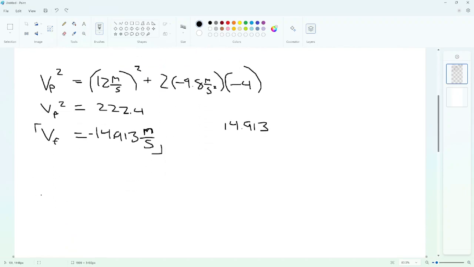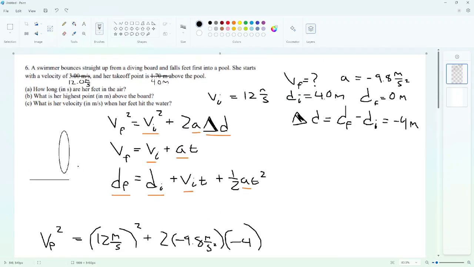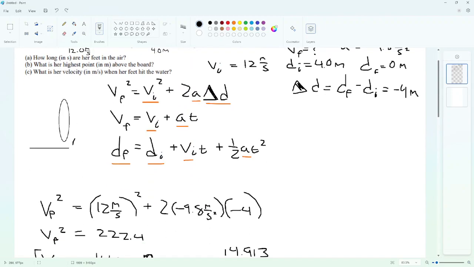It's because you can't take the square root of a number and get a negative number, at least with real numbers. But using our imagination, we can see that on the way down, the velocity is going to be negative.